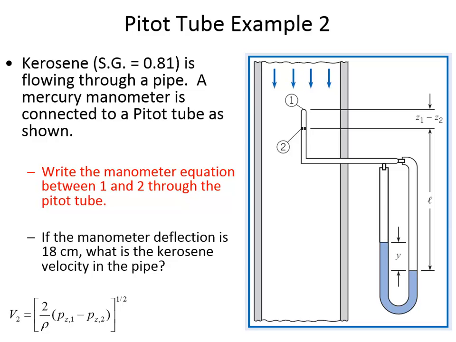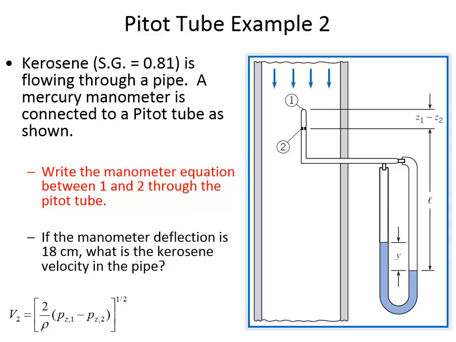And all of that, take it to the 1/2 power. So we get V2 is 55.76 meters squared per second squared to the 1/2 power.